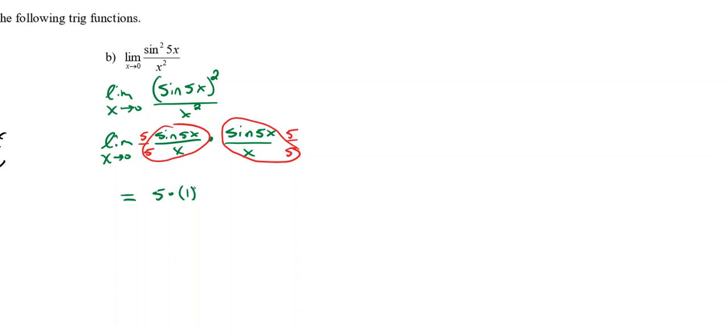I should write it again: 5 times sine 5x over 5x, right? This is 1. And then times the same thing over here. We'll write this as 5 times sine 5x over 5x. I just moved it around is all I did there. And that's equal to 1. All right, so this is just equal to 25.